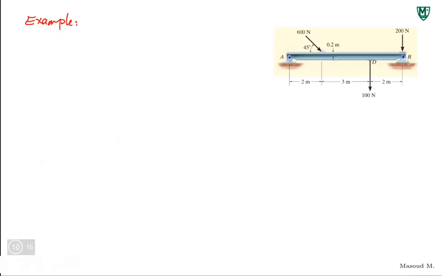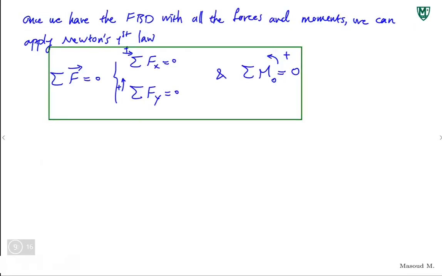Now, oh, sorry, this is a pin. I have to mention that in the problem statement, or I can just put it here. This is a pin. I'll emphasize that. This is a pin support. I always tell you what the support is.